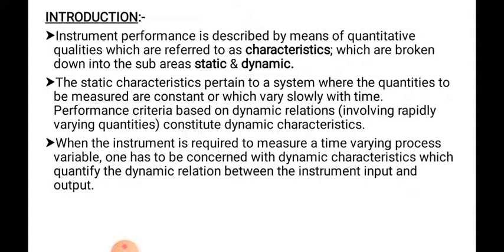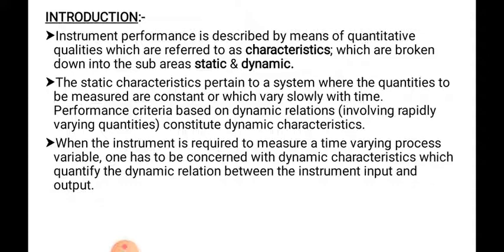Means whichever instrument is there, every instrument shows certain performance, and that performance is described in terms of quantitative qualities: what type of magnitude it is showing, what type of output it is showing in terms of quantities and qualities, which are referred to as characteristics.